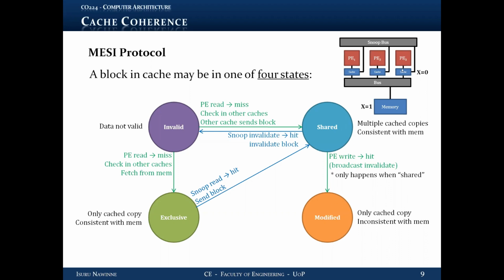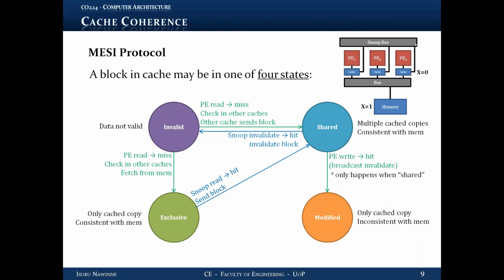Shared to modified. So the copy in cache 3 goes from shared to modified with the up-to-date value, and the cache controller there broadcasts an invalidate signal. Note that this invalidation broadcast happens only when a write is received to a shared block. When a CPU write is received to a shared block, the controller needs to broadcast an invalidate signal, right?